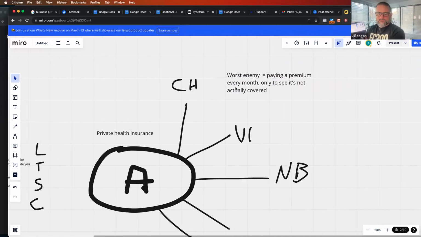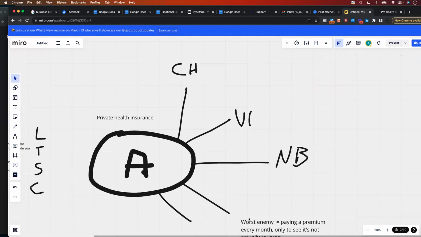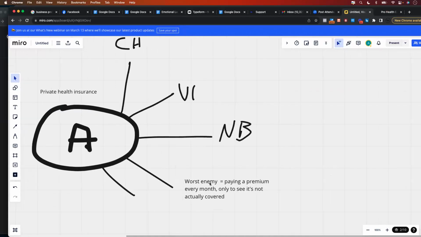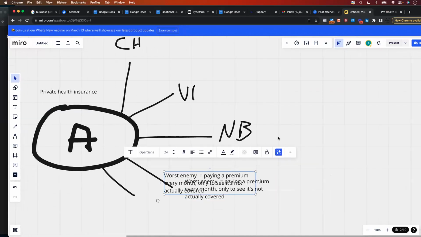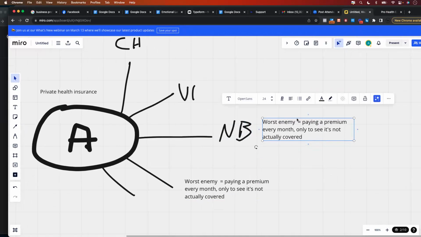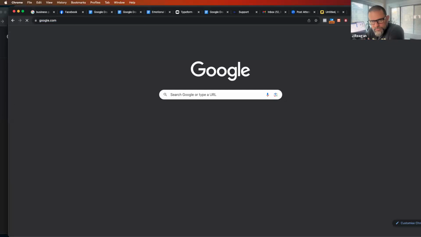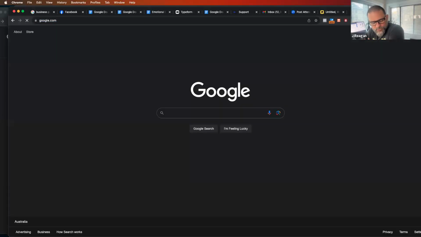Right? So let's put worst enemy here, and then you've got negative belief. So what's a negative belief about this? We can just go find it. Private health insurance is a scam. I get that a lot.